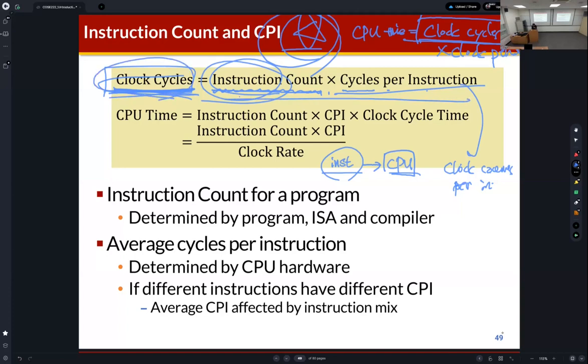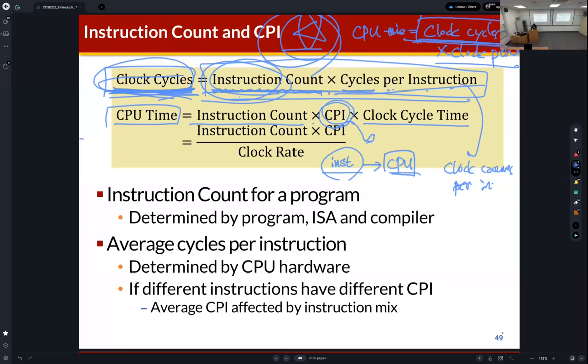Then what is the CPU time? CPU time was the clock cycle multiplied by clock period, and the clock cycle can be replaced with this equation: instruction count multiplied by cycles per instruction. This is the CPI. It's also a very important performance metric of a CPU. And then the clock cycle time.